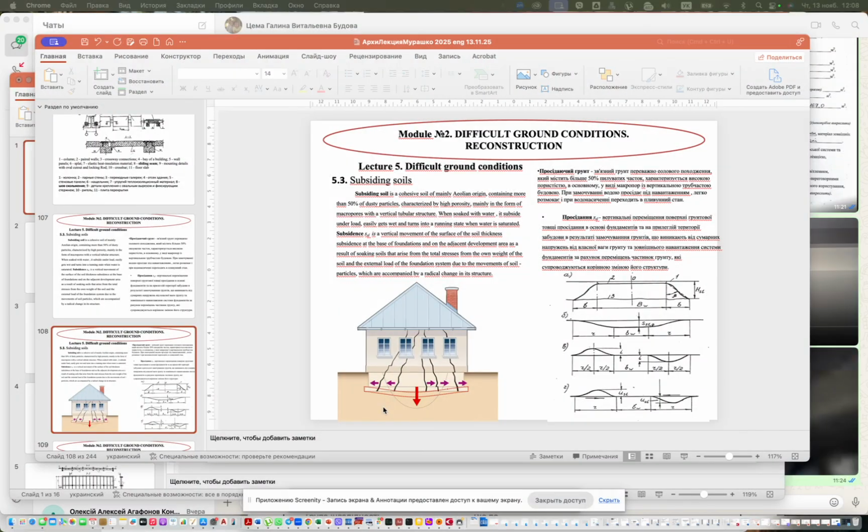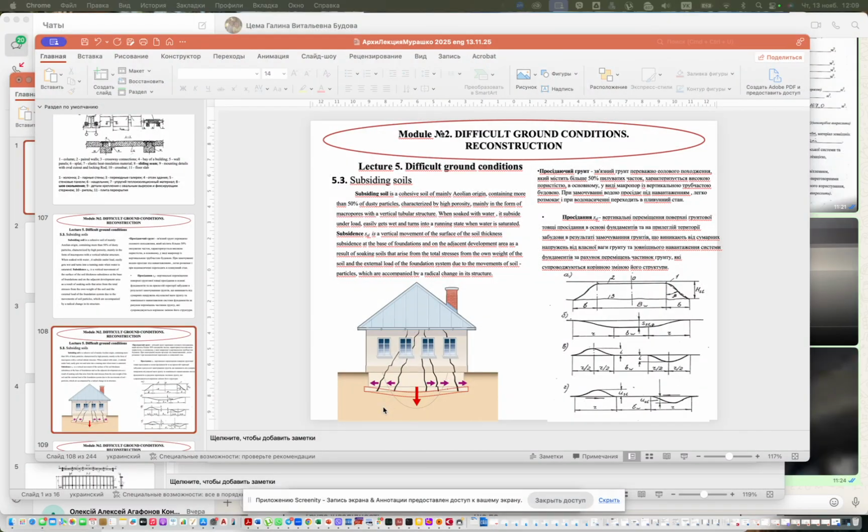When we have additional water which can come from outside, for example, from rains or leakages in the upper layers of the soil, the properties of those soils significantly reduce. Another type of impact on these soils can be from the underground waters.